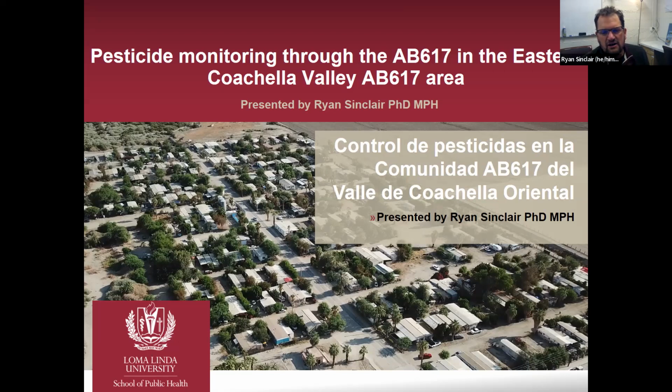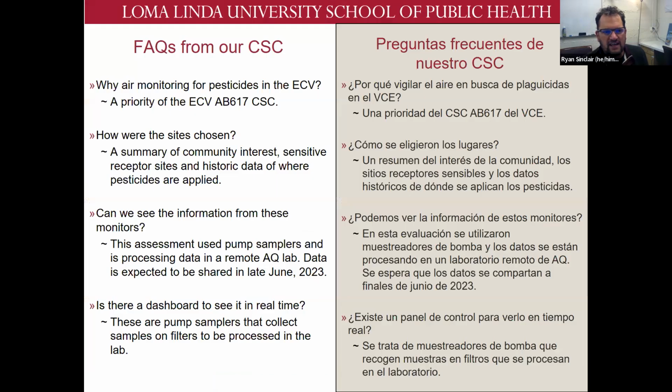I was going to start with some frequently asked questions from our CSC when we were first starting out. I wanted to go through these first, and then I'll show you some maps and other things. So we'll start with why we wanted air monitoring in the ECV.